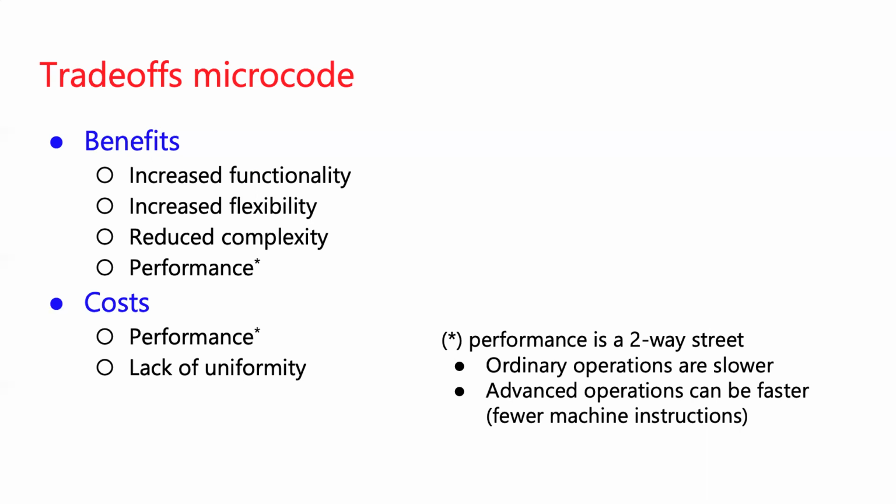That could have a lot of overhead compared to just building a circuit to do that instruction. So that could hurt performance, but a place where it could help performance is with microcode.